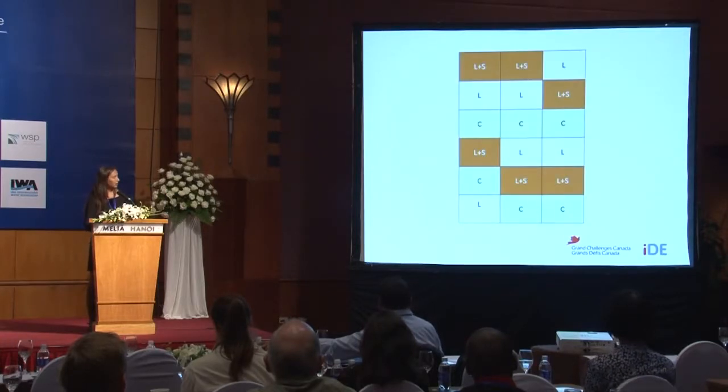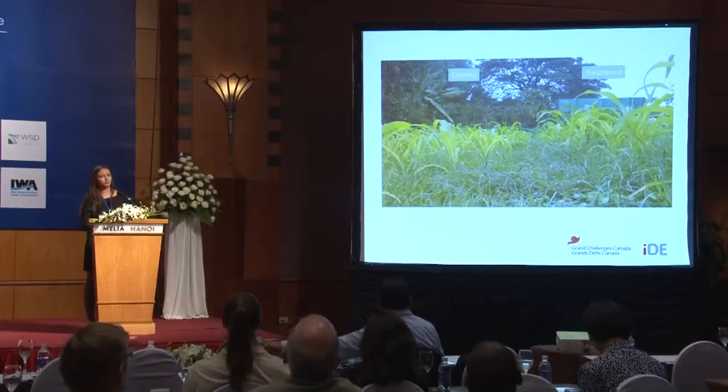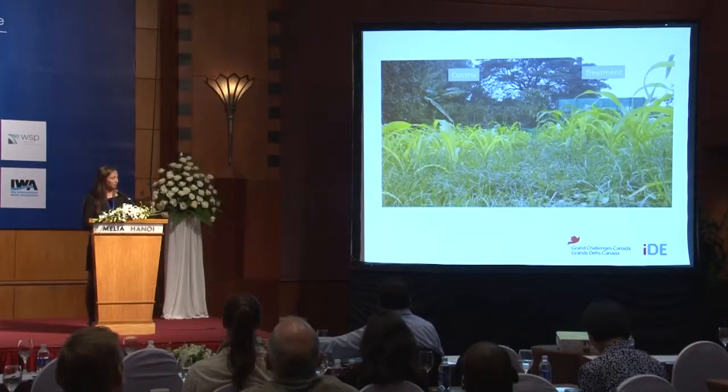So we had some plots here with randomly assigned lime and sludge and controls. Those results we're collecting now because the corn is still growing, but we do see some differences already.